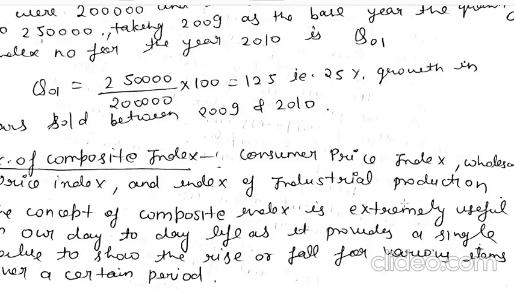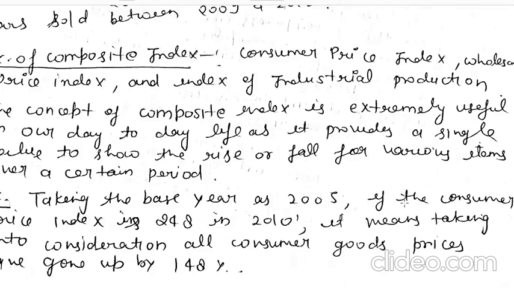The concept of composite index is extremely useful in our day-to-day life, as it provides a single value to show the rise or fall of various items over a certain period. There is more than one variable in the products you use in your daily life, so this is the composite index.